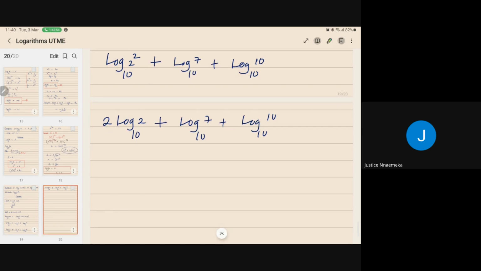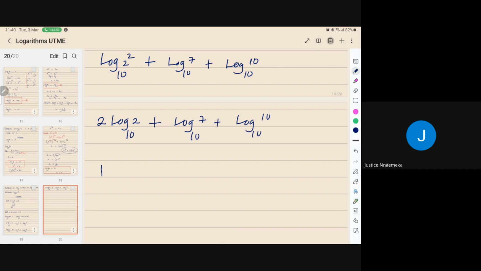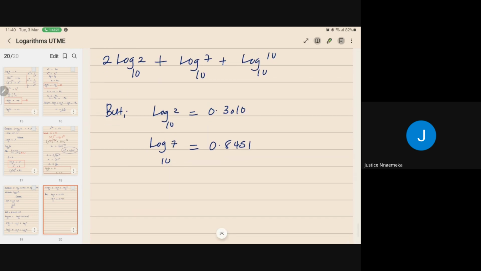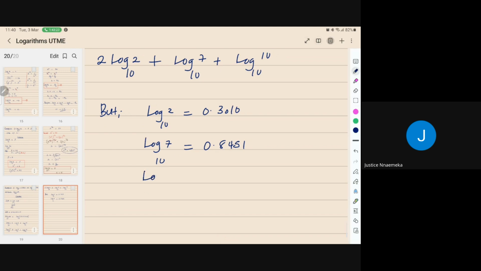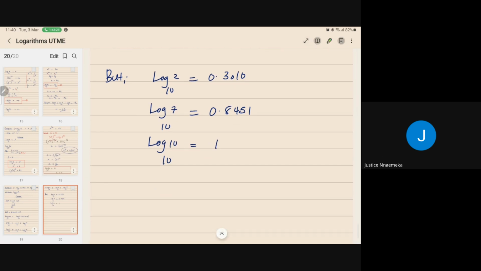From the question, we have that log 10(2) is equal to 0.301, log 10(7) is equal to 0.8451, and finally, log 10 of 10, the log of the same base, is equal to 1. So let's simplify.